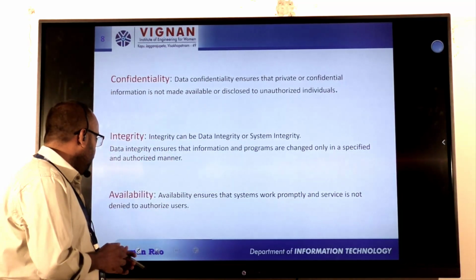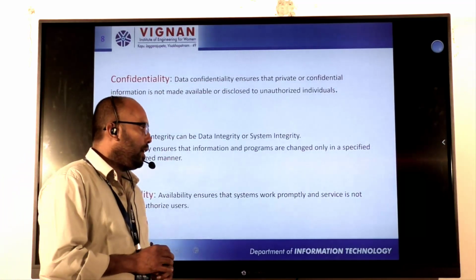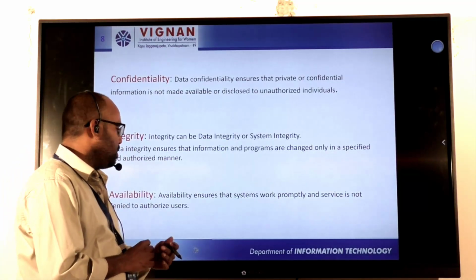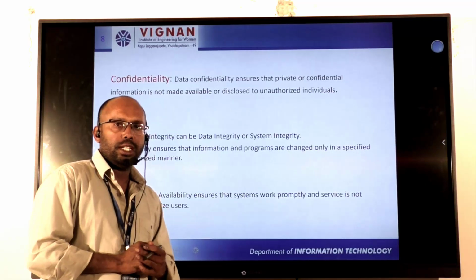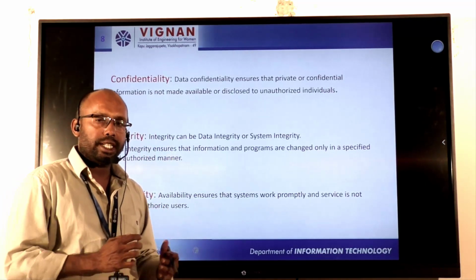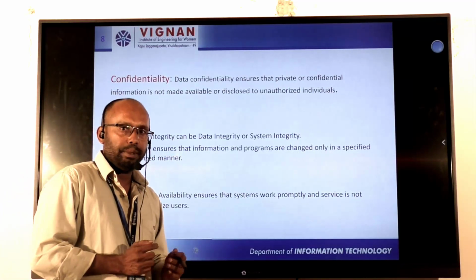Coming to the next one, availability. Availability ensures that the system works promptly and service is not denied to authorized users. Whenever legitimate users are trying to access data, sometimes they couldn't get the expected data.